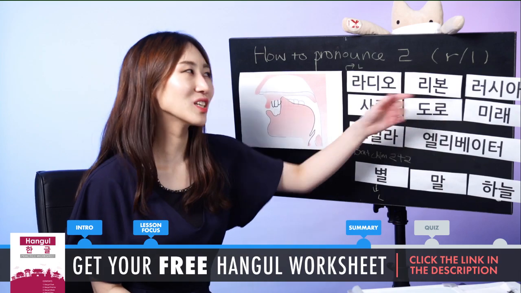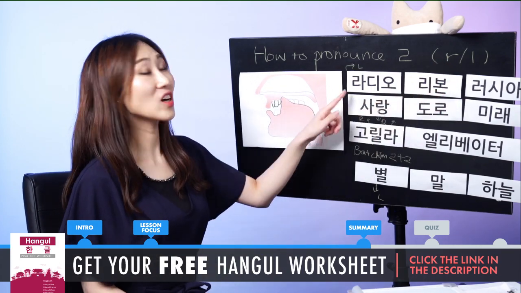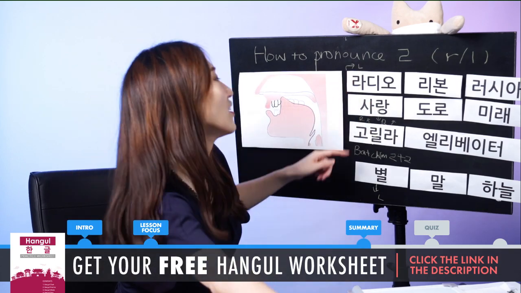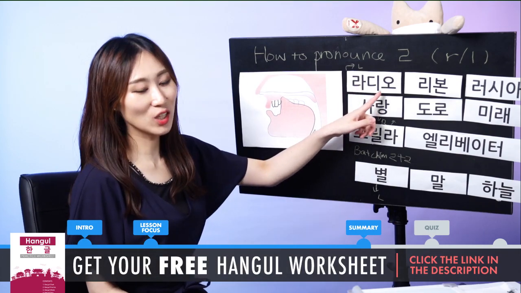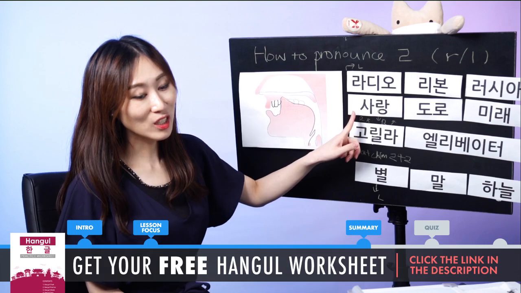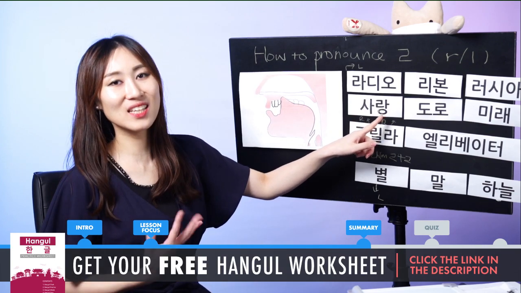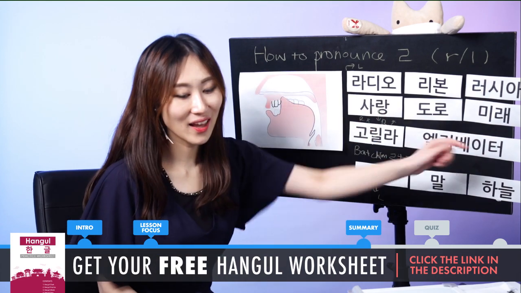But it sounds pretty close to L rather than R. And when it comes at the beginning of the word, it's like L. Not exactly L, but it's similar. Radio. But if it's in the middle of the word, it's like R. 사랑. It's not 사랑. It's 사랑. Or 미래.